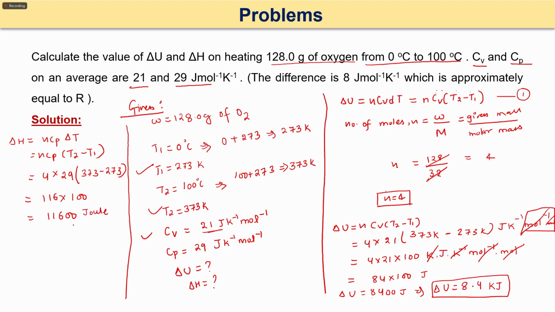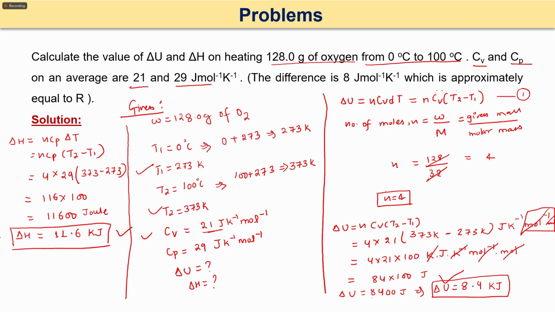If we divide it by 1000, we will get it in kilojoules. So this is the value of your change in enthalpy and change in internal energy. So this is your answer.